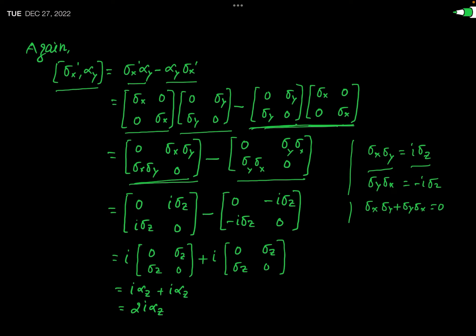So in place of the product sigma x sigma y, I have written i sigma z, and sigma y sigma x has been replaced by minus i sigma z. Now you can take this i as a common factor, so this will be i times the matrix 0 sigma z, sigma z 0.